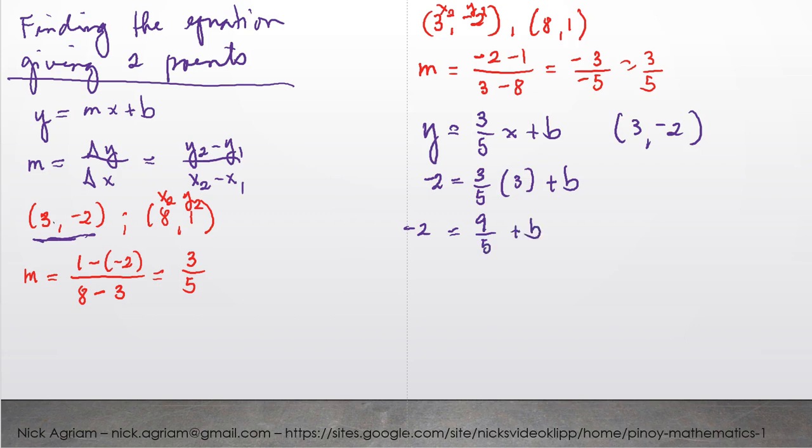In order to remove 5 there, I will multiply both sides of the equation by 5. Then we have negative 10 is equal to 9 plus 5b.